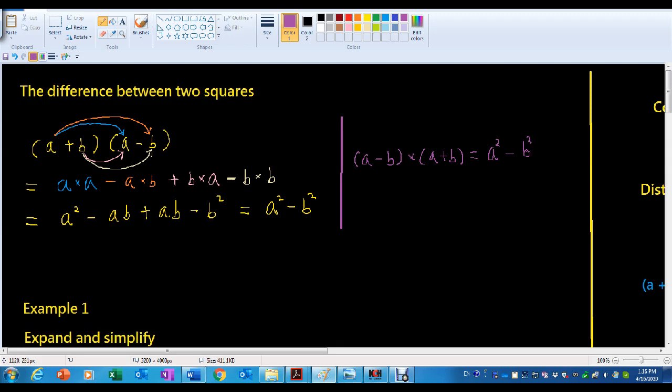That would be our blueprint, our template for all questions like this. If you multiply the difference and the sum of two terms together, you will have the difference between the squares of the two terms.